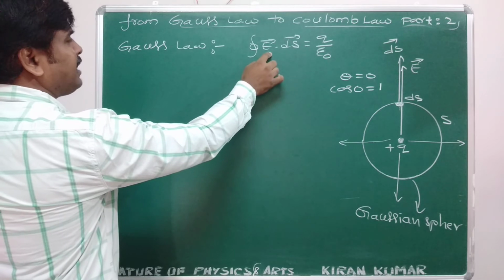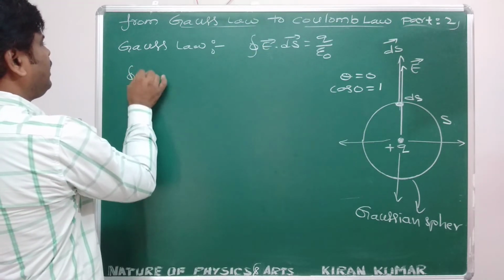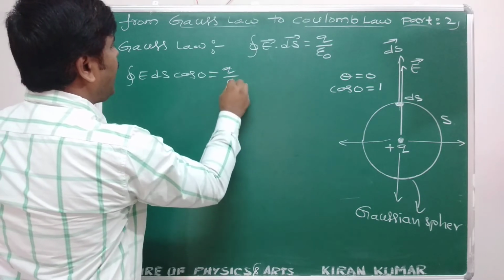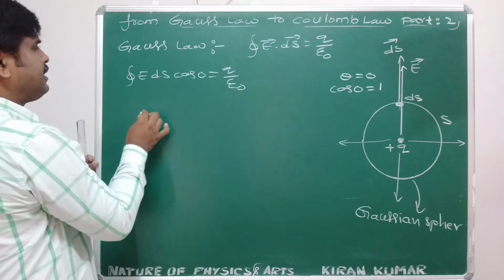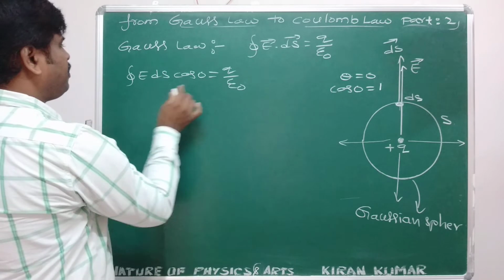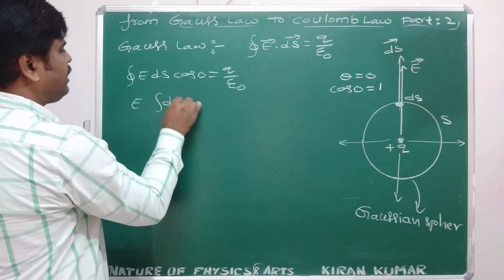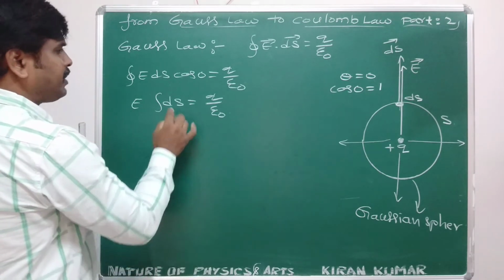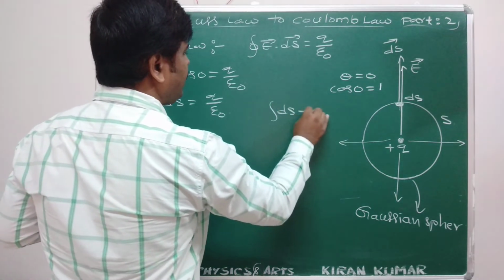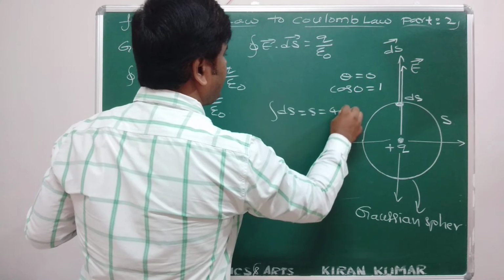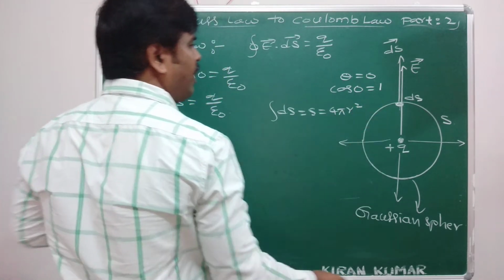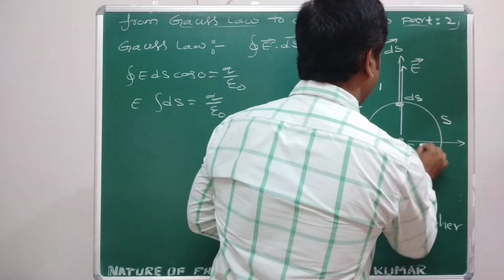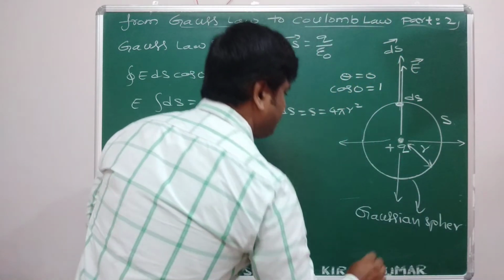So replacing, closed integral E ds cos 0 is equal to q by epsilon naught. Since cos 0 is equal to 1, E times integral ds is equal to q by epsilon naught. Try to understand here, integral ds is equal to S is equal to 4 pi r square, where r is the radius of the Gaussian sphere.